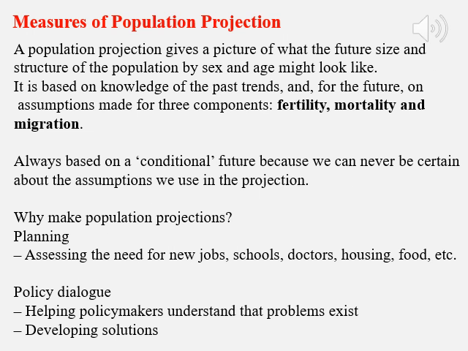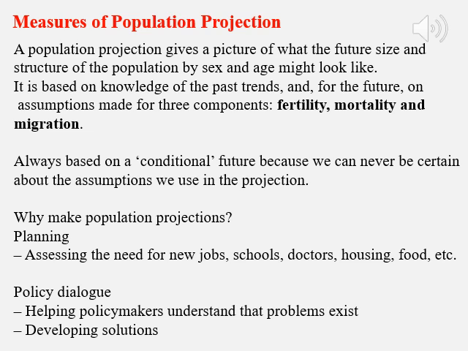Population projection gives a picture about the future size and the structure of population by age and sex. It's based on assumptions made for three components: fertility, mortality, and migration. So, based upon the past trends in the fertility rates, mortality rates, and migration, we can expect the population growth in the future.